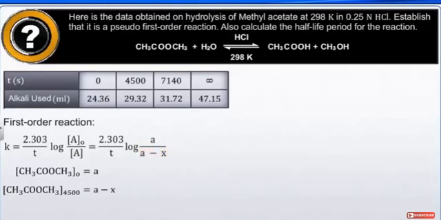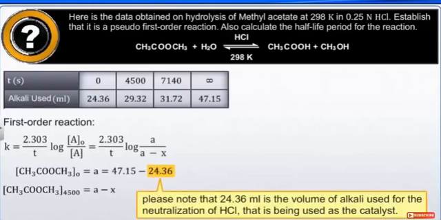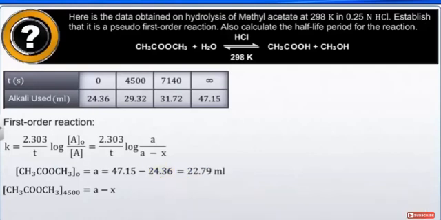The volume of alkali used for total change from t equal to 0 to t equal to infinity gives the initial concentration of the ester. Hence, the initial concentration of methyl acetate is 47.15 minus 24.36, which is equal to 22.79 milliliter.